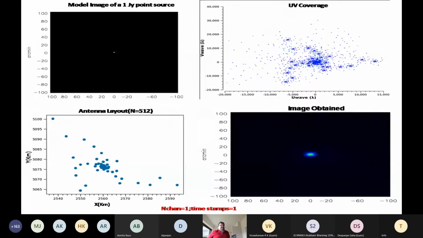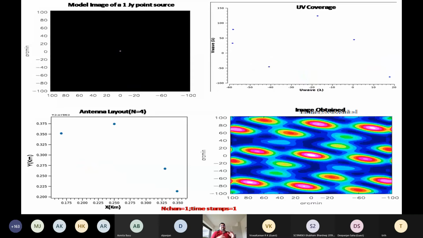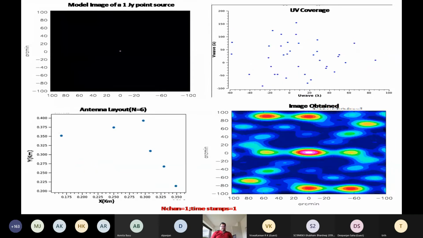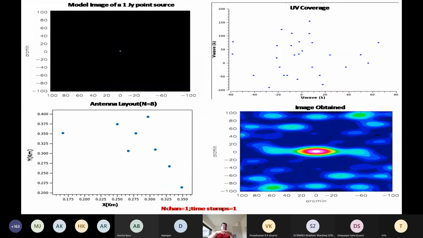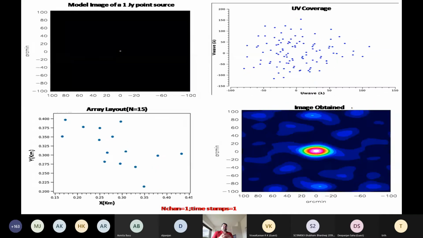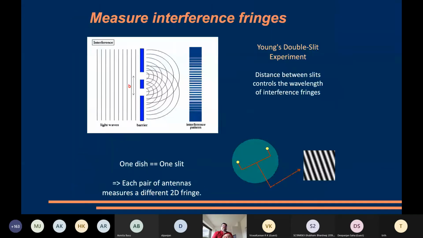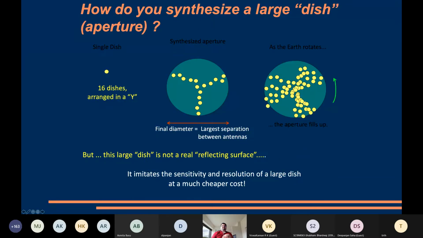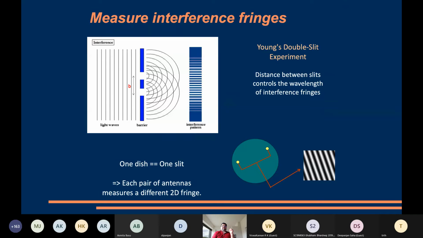It exactly means what we discussed in the previous slides, that as we fill up this particular dish diameter mentioned in green with a larger number of smaller telescopes, we will be coming close to what we would have gotten by a single dish, resolution-wise.